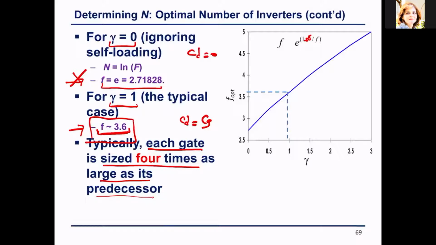صار عم بقول لي انه independent of what you have, if gamma equals 1, f is equal to 3.6, and now where can I determine my n? ما أنا بعرف f is equal to big F to the 1 over n. صرنا بنحط هاي 3.6 is equal to big F، إذا أنا عطيتكم هيدي، to the power 1 over n, and you can find n. هلا حناخد examples.